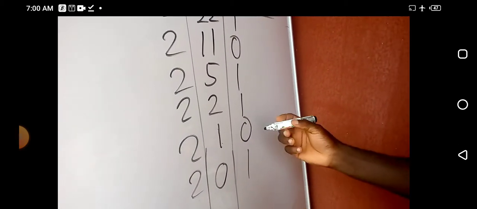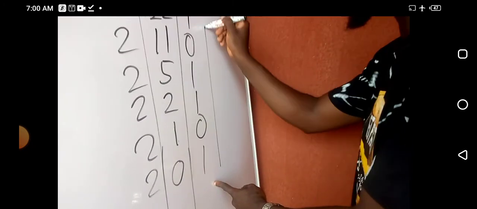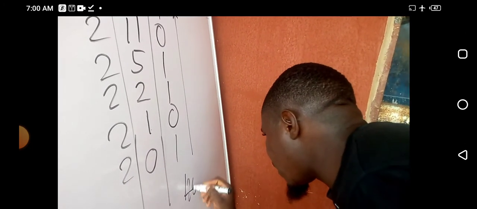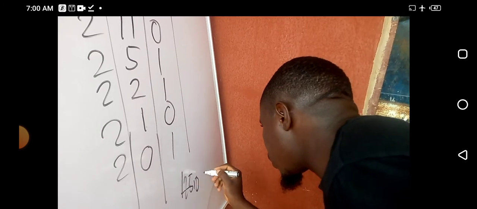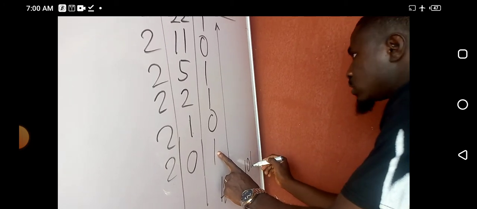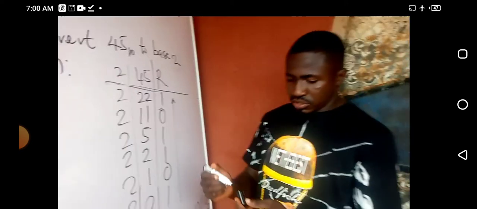Don't forget, we move from descending towards ascending. So 45 base 10 gives us 101101 base 2. I believe you have understood what I've said, and God bless you.